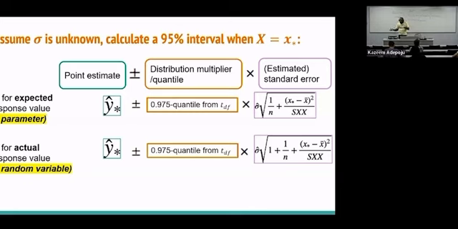Does that make sense? Anytime you see CI, confidence interval, it is the interval for the mean prediction, while PI, prediction interval, will be the interval for the individual one.